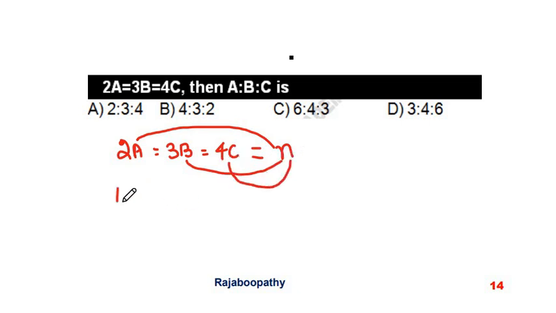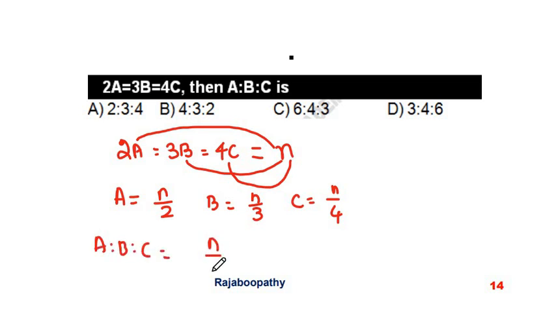Therefore, in terms of the single variable n, a equal to n by 2, similarly b equal to n by 3, c equal to n by 4. So the ratio of a is to b is to c equal to n by 2 is to n by 3 is to n by 4.